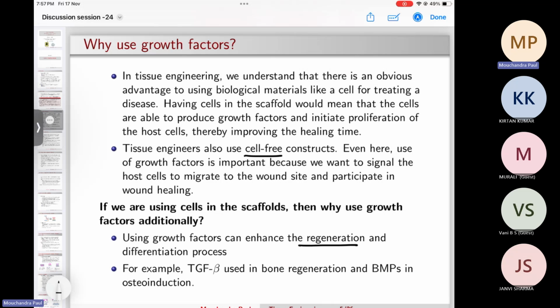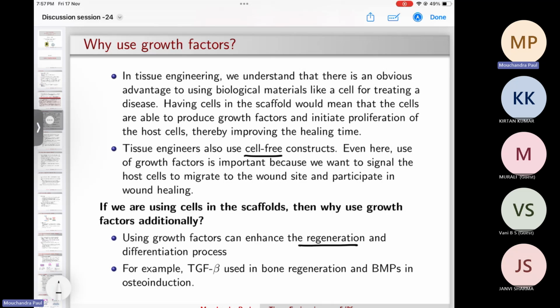Using growth factors will enhance that regeneration process, and you can show better results. Say you are using some cell type, endothelial cells, and you want the angiogenesis process to happen.